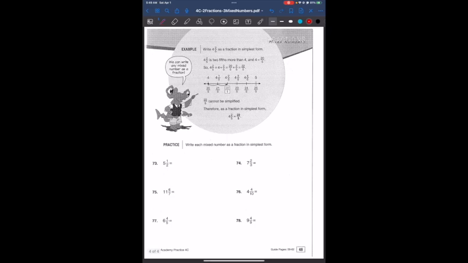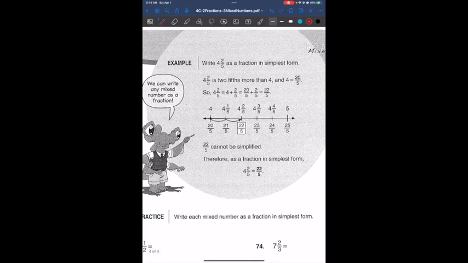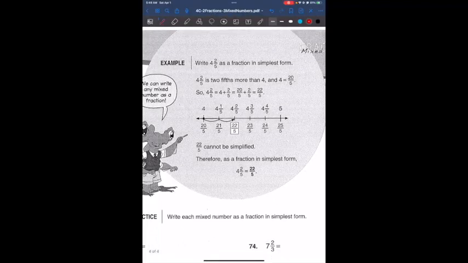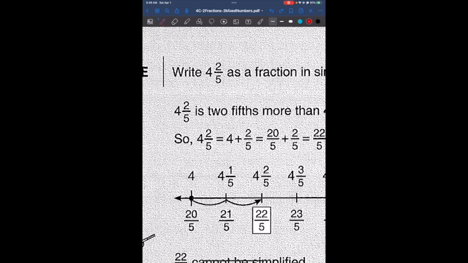Now we're on the last page, and so we can write any mixed number as a fraction. And so we're doing it in reverse. So it says write 4 and 2/5 as a fraction in simplest form. Now to do this, we're going to basically multiply the denominator and the whole number, because what the whole number is saying is if the denominator is 5, then 1 is going to be 5/5, right?